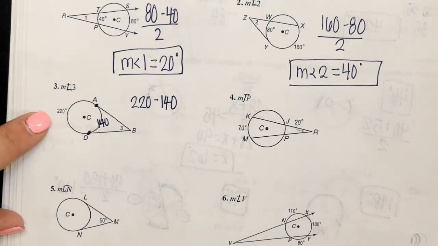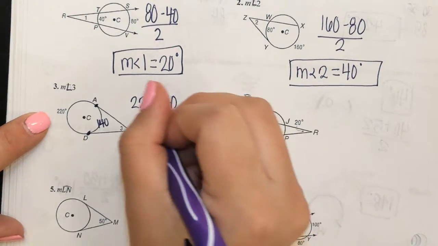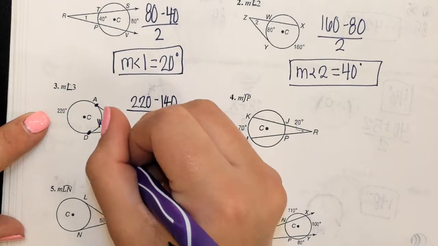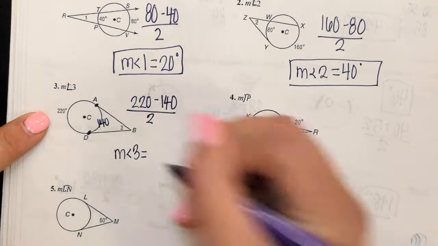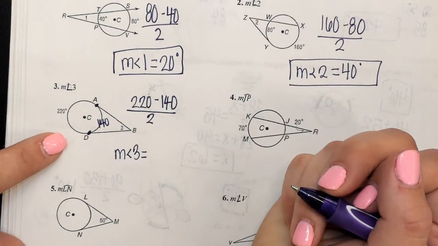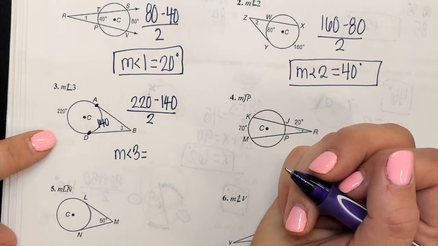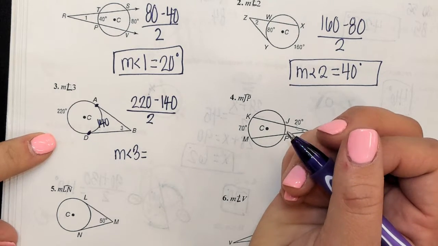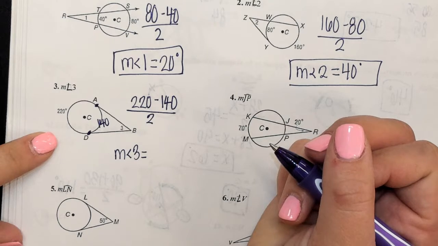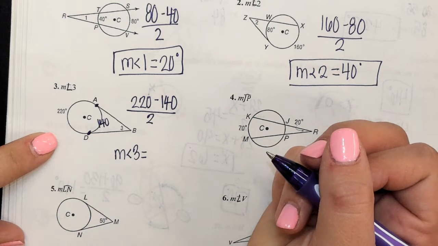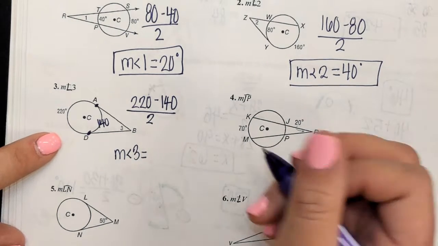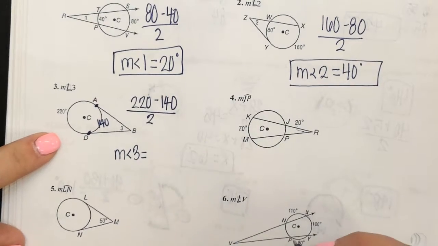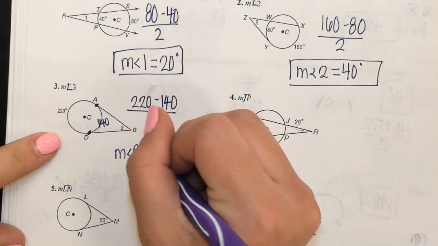What did we subtract 220 from? 360. Which is what? 40? Is that what y'all said?